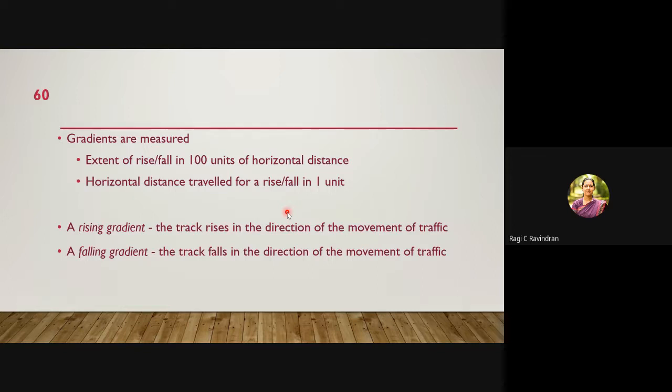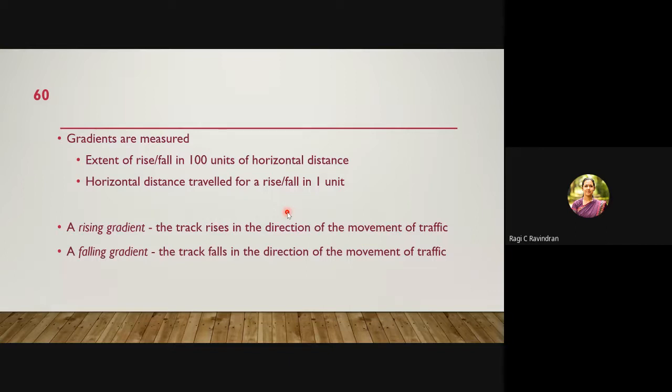Basically, gradients are of two types, rising gradient and falling gradient. Whenever the track rises in the direction of the movement of the traffic, it is known as rising gradient. That is, in the direction of the movement of traffic, if the track is going up, it is known as rising gradient. And if the track falls down in the direction of the movement of traffic, it is known as falling gradient.